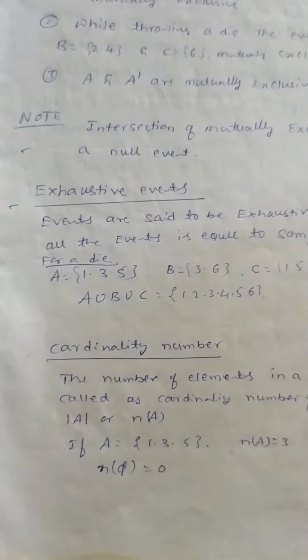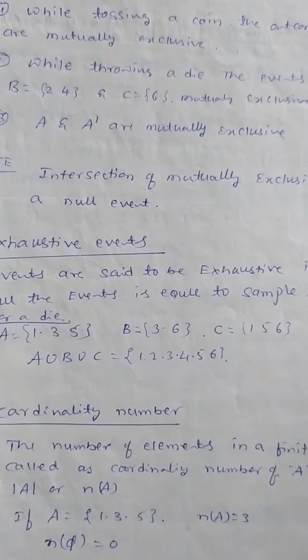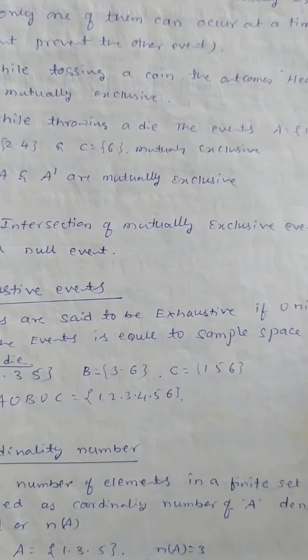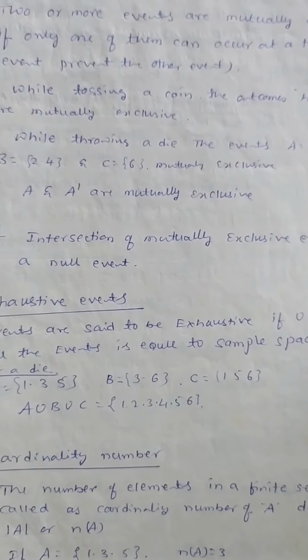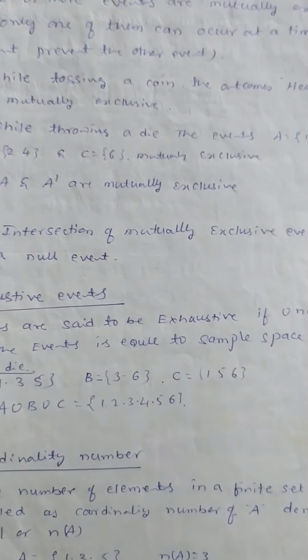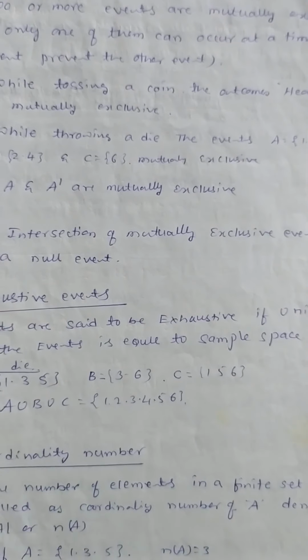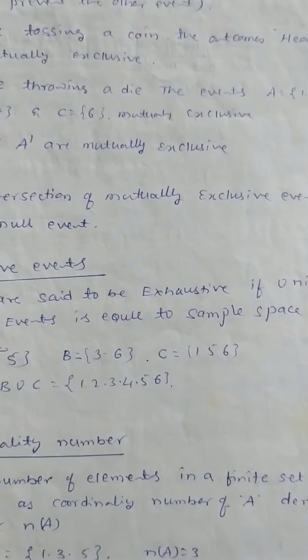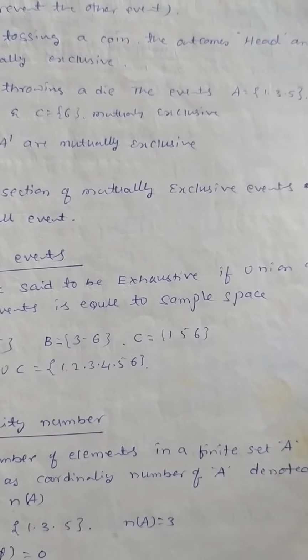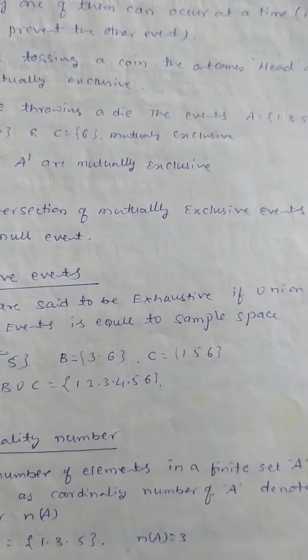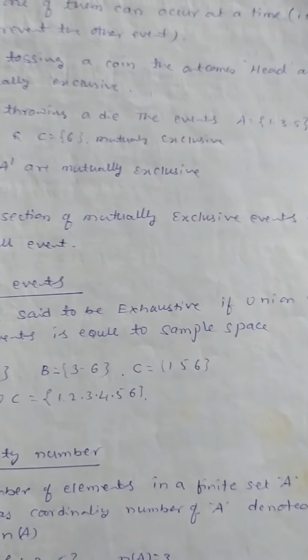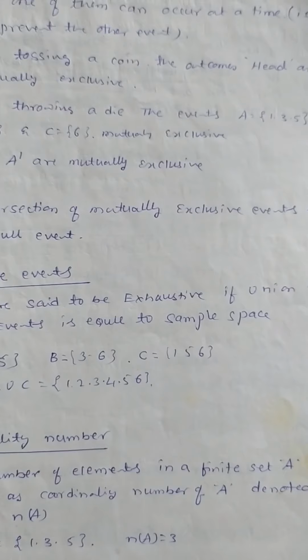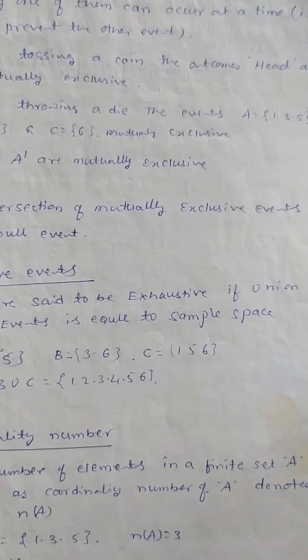Next, exhaustive events. Events are said to be exhaustive if the union of all the events is equal to the sample space. If you consider three or four events and take the union of all of them, we should get the sample space.